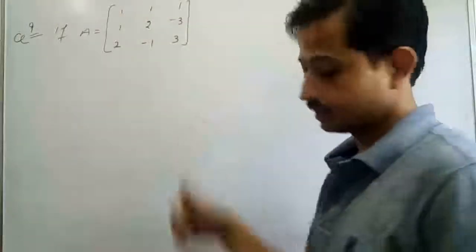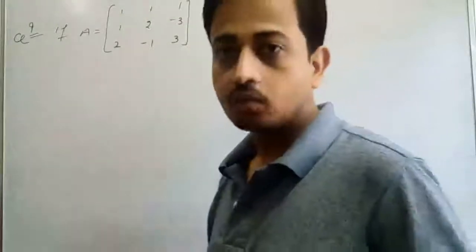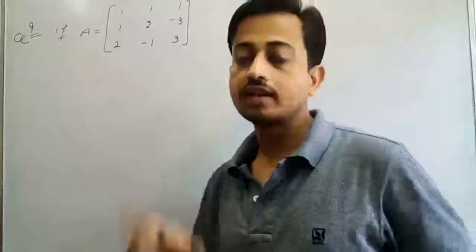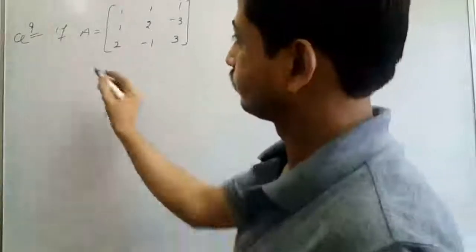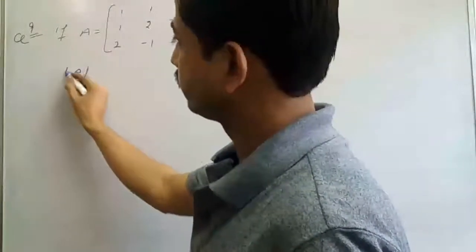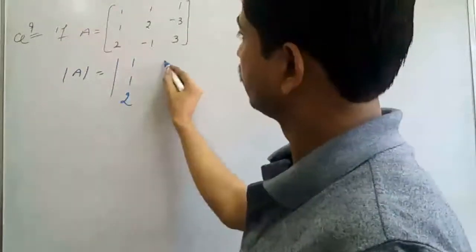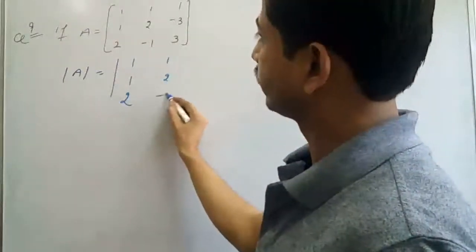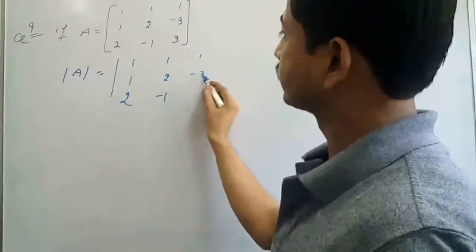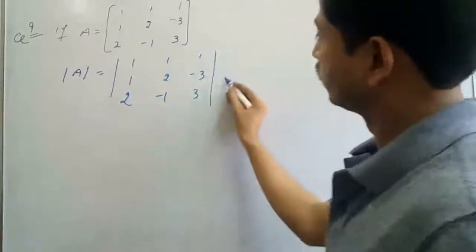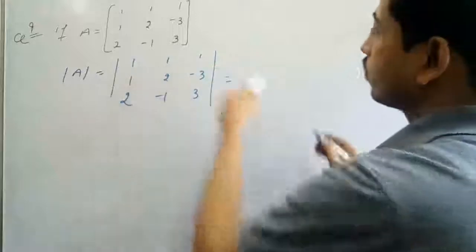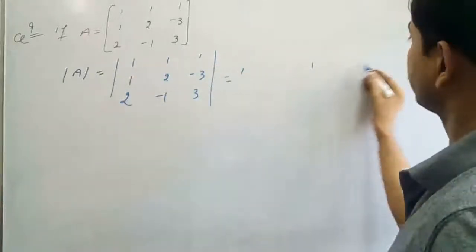Now please solve it. We have to get A inverse. So what do we have to do? Find the determinant of A. The matrix is 1, 1, 1; 2, 1, 2; minus 1, minus 3, 3... Now, the first row is 1, 1, 1.